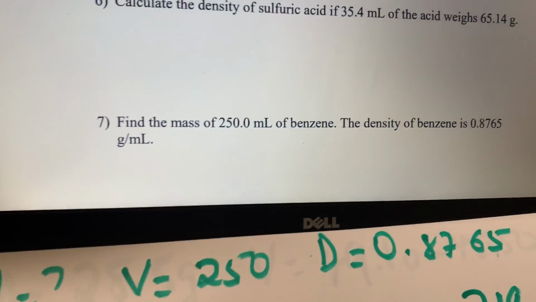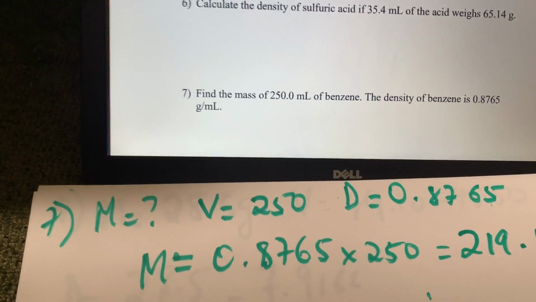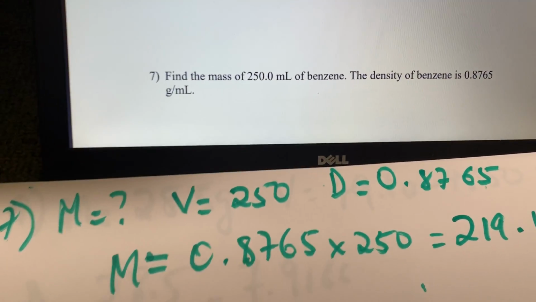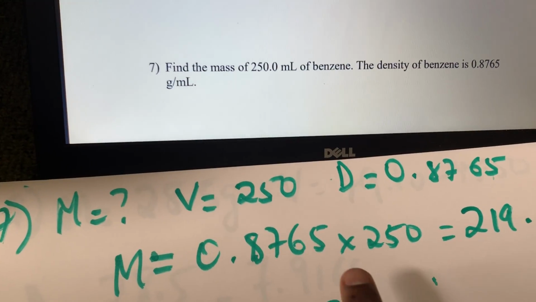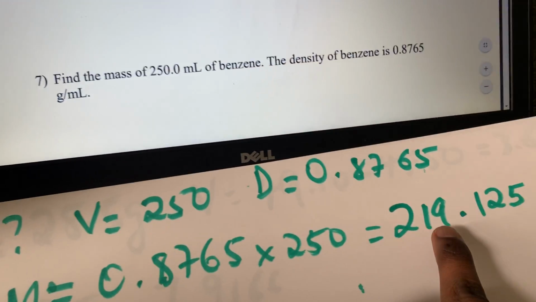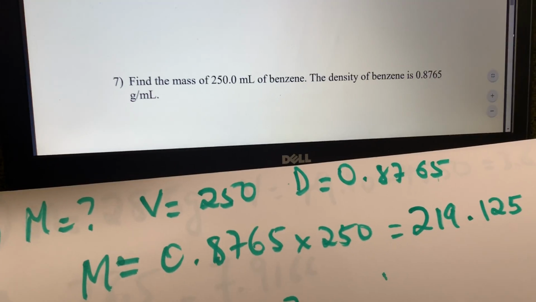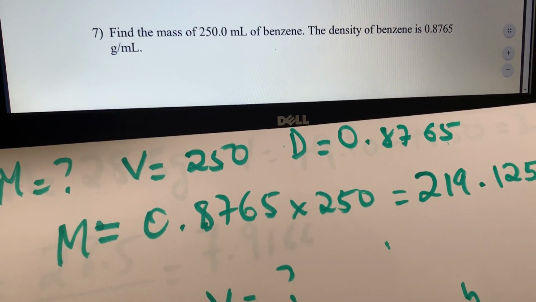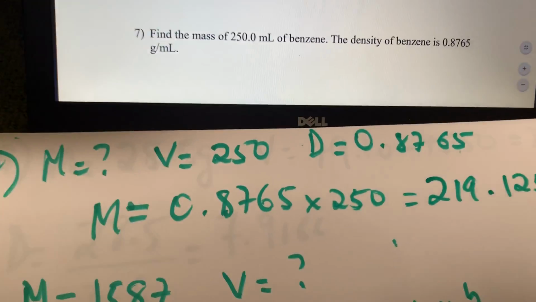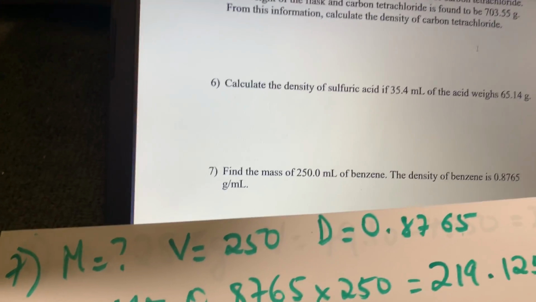We go back to our problem: where is the density? Density is 0.8765 times 250. When you multiply, you get 219.125 as the mass.